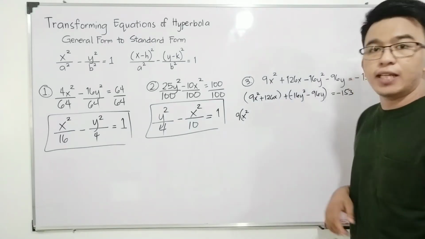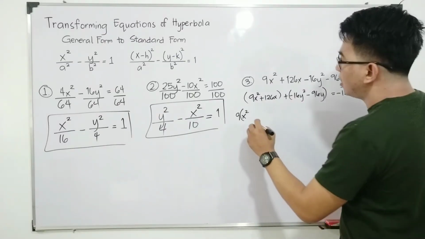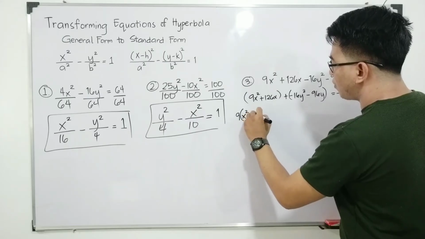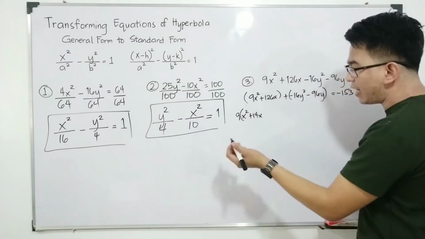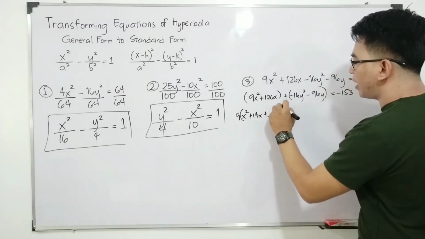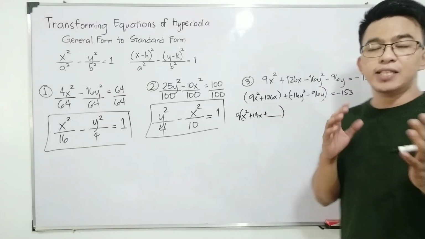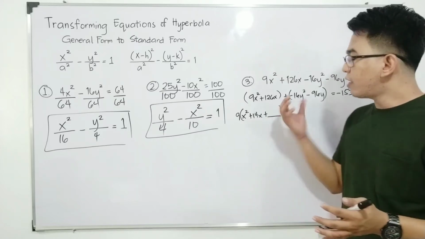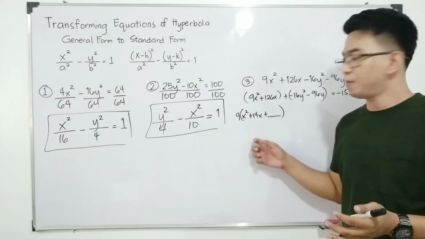And 126x divided by 9 is plus 14x. And maglalagay na rin ako in advance ng isang blank positive term dito, because the next target natin is to create a perfect square trinomial here.